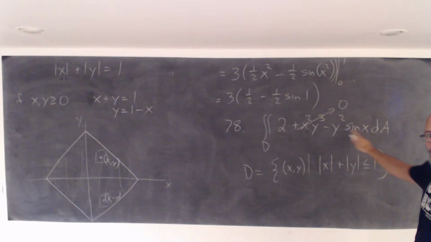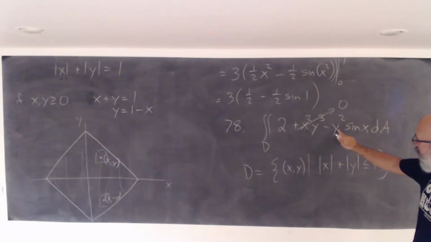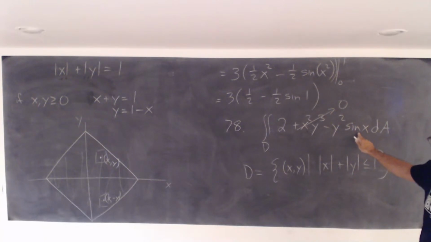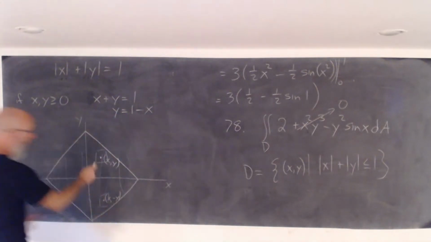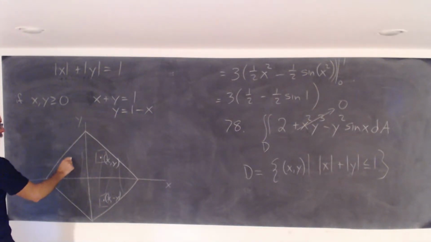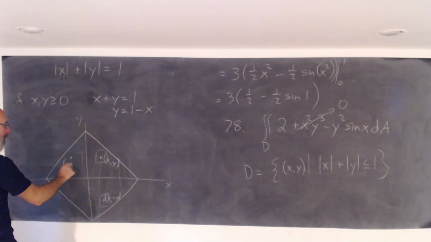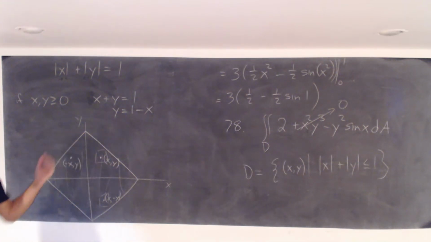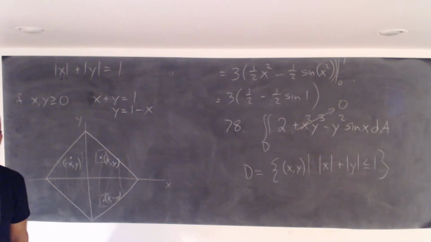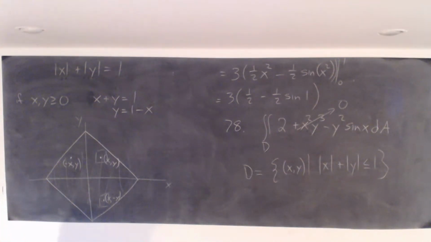Now, this is even in y, but odd in x. And for any point x, y here, you have a corresponding point negative x, y. You have symmetry about the y-axis. And Chris has pointed out that the y squared sine x term also disappears, right?